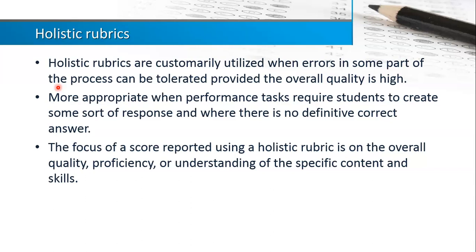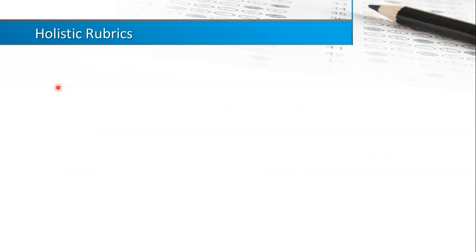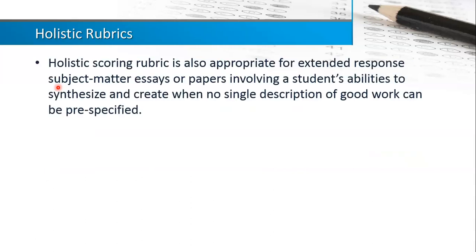So the score for a holistic rubric is an overall quality, proficiency, or understanding of the specific content or skill. It is a good way to assess students, and usually it should be used for summative assessment.